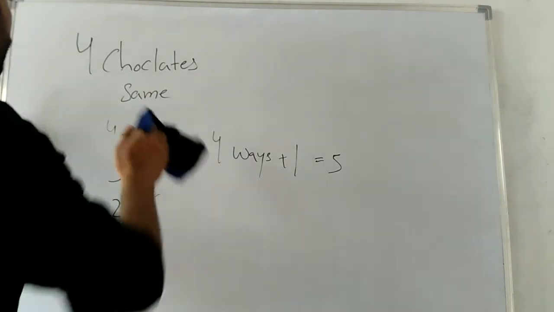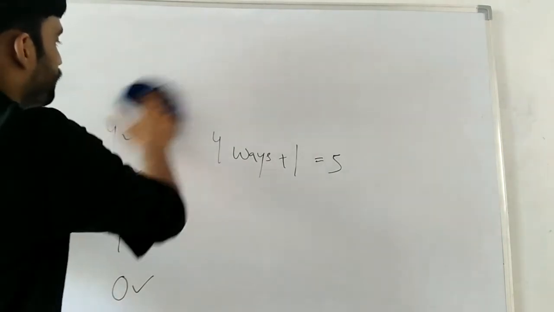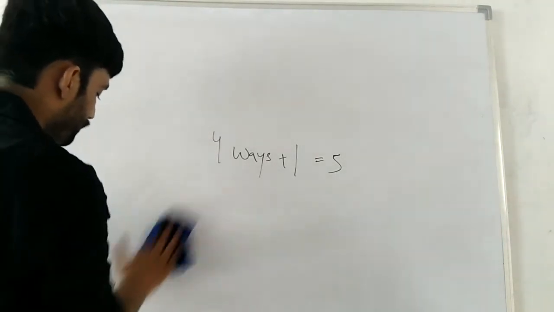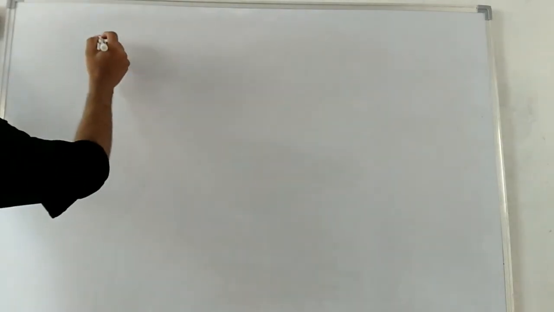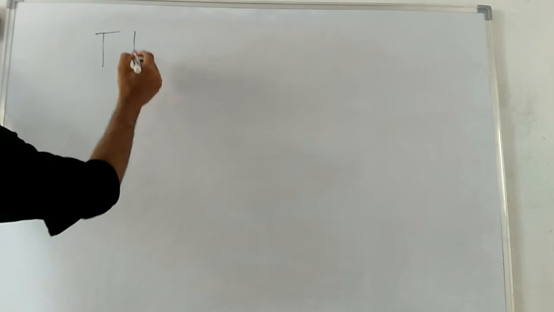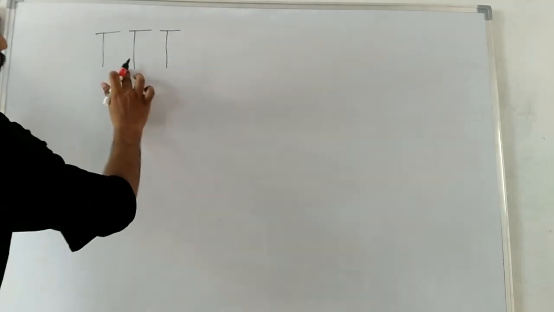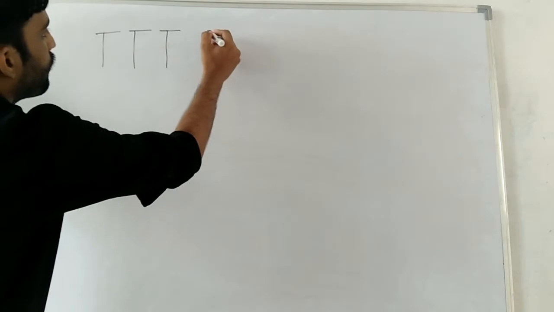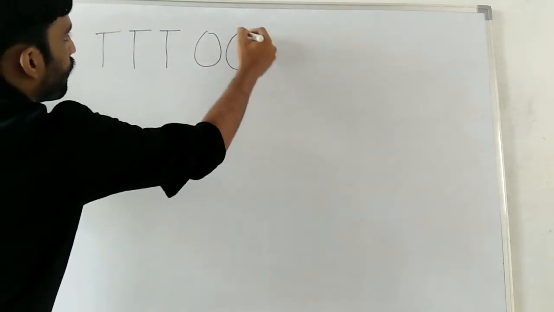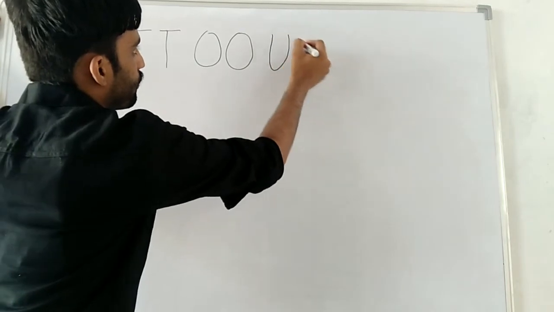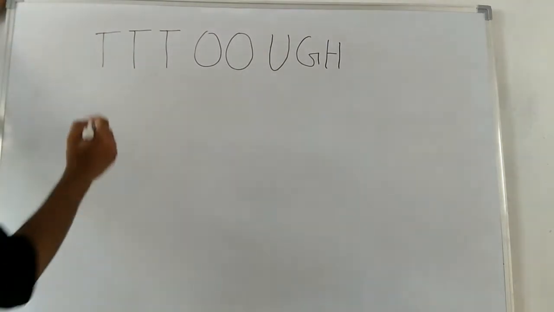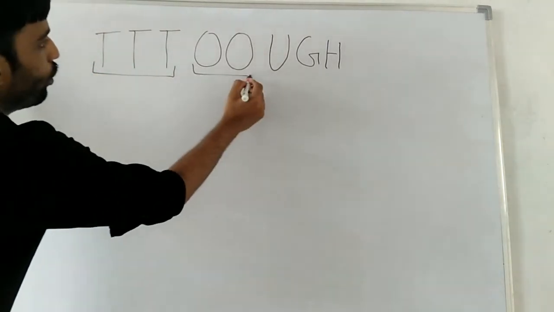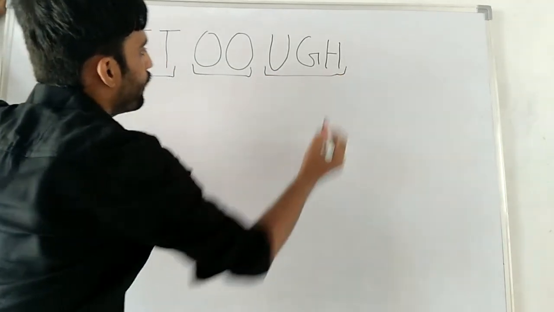Let's first rub this whiteboard. Now we have the word. In this word we can see that there are 3 T's and 2 O's and 3 letters are different.